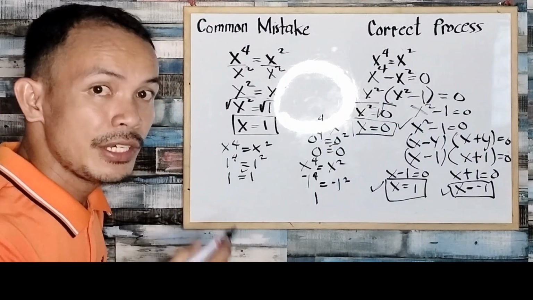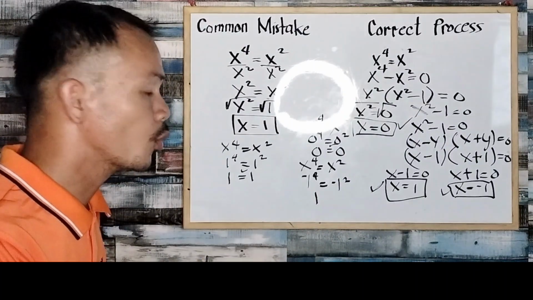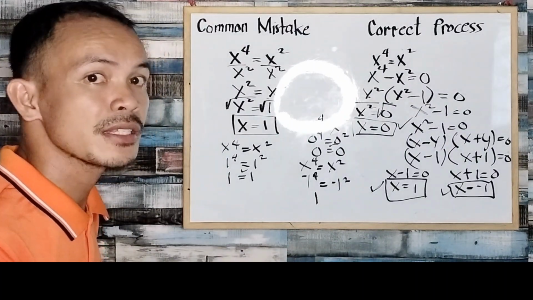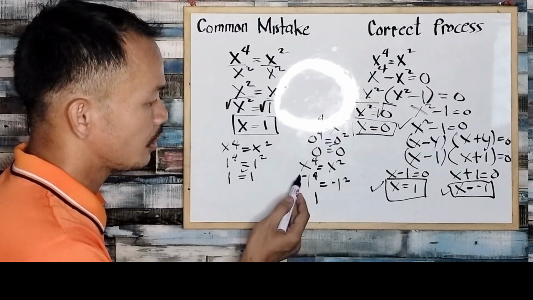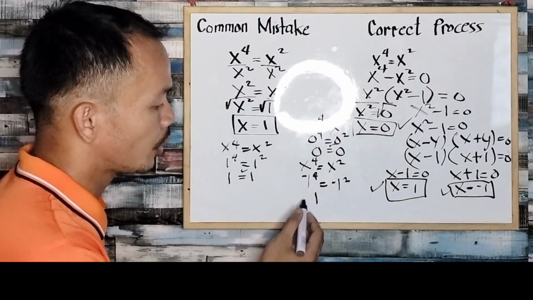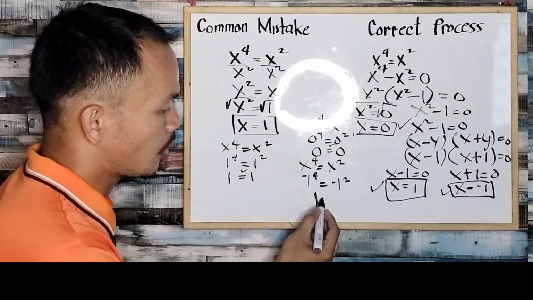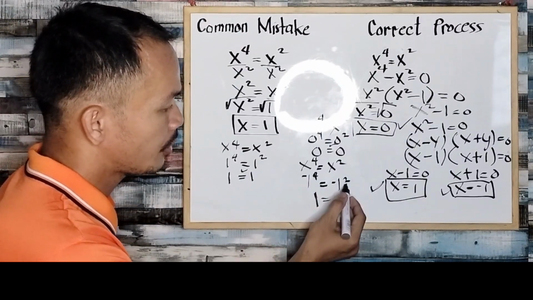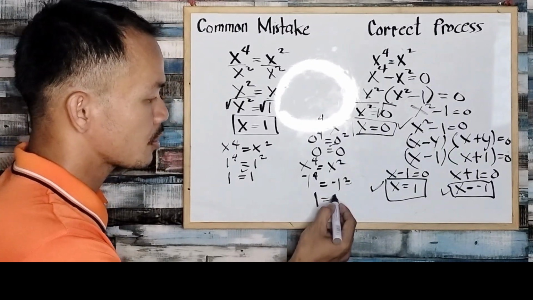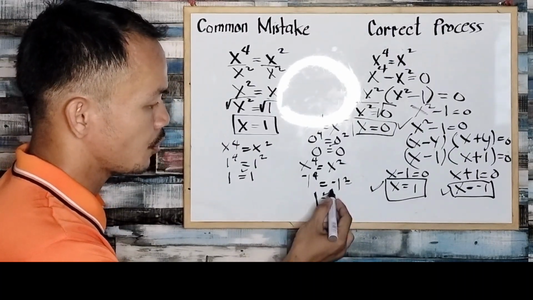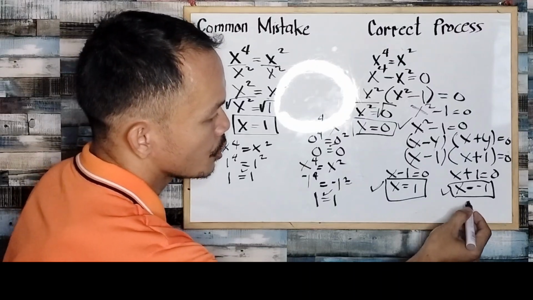Remember this, if a negative number has an even exponent, the answer would become positive. So negative 1 to the power of 4 would become positive 1, is equal to, remember we have exponent of 2 here, which is an even number, so that is also 1. So 1 is equal to 1. So the third solution is correct.